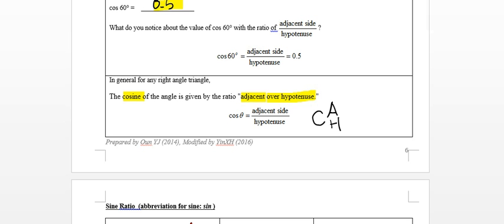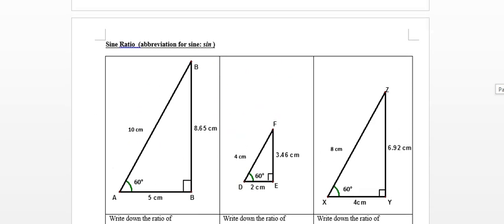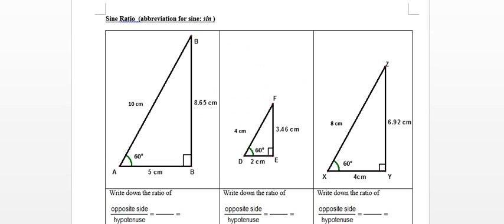Let us look at the last trigo ratio, the sine ratio. Similarly, we need to label the different sides of the triangle with respect to the common angle, 60 degrees.